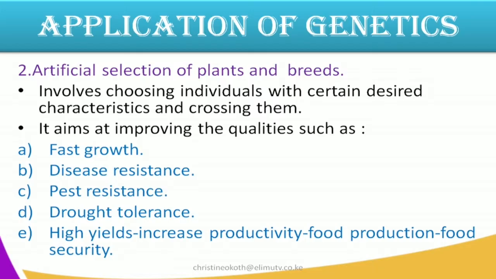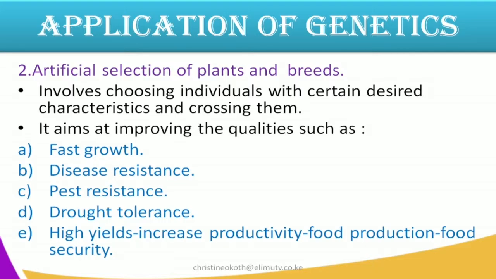For example, if you have a bull and you have noticed that it has the genetic makeup of something which is resistant to a disease, then you want to cross it with a cow which is producing high volumes of milk. So you do the crossing. You have a bull which is homozygous dominant. It means that the traits are very dominant.